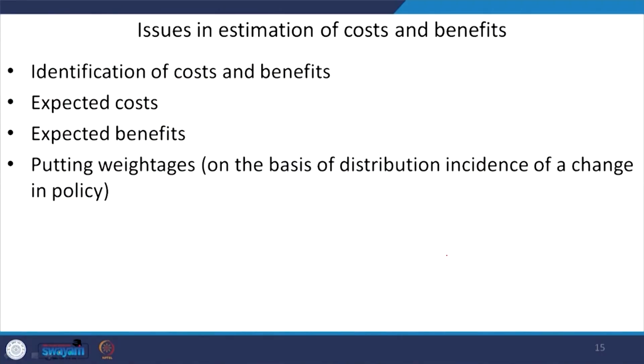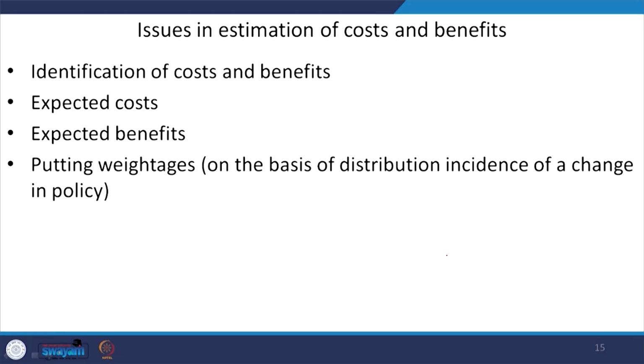And moreover, there is the putting of weightage, because the very premise of cost benefit analysis is that we give more weightage to the less privileged income groups or less privileged sections of the society to whom the policy is urgently necessary.